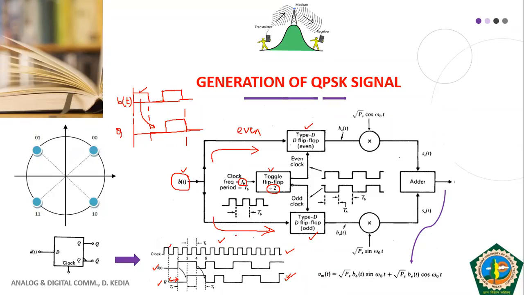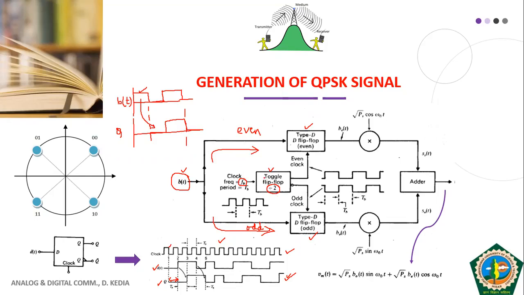Okay, in the other parallel stream, we separate out the odd stream of bits. Or in other words, we separate out even numbered bits and odd numbered bits, and we transmit them as parallel data streams.